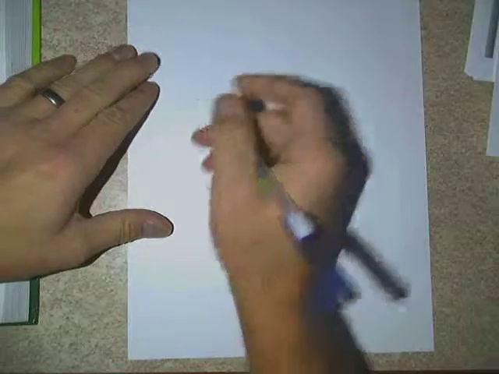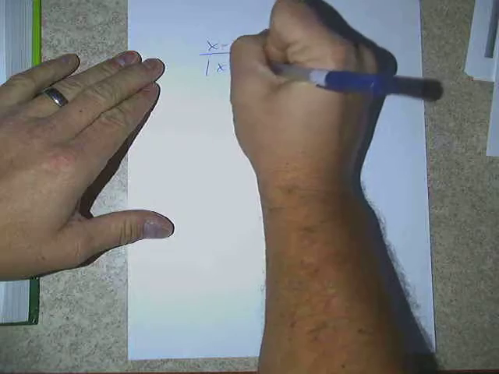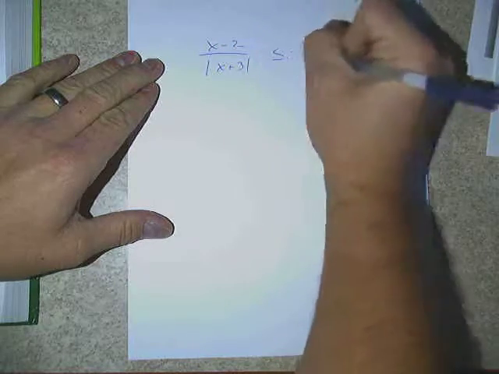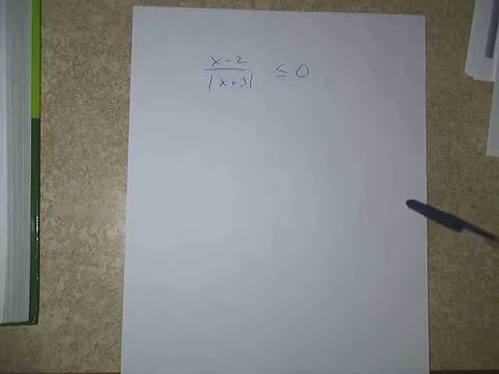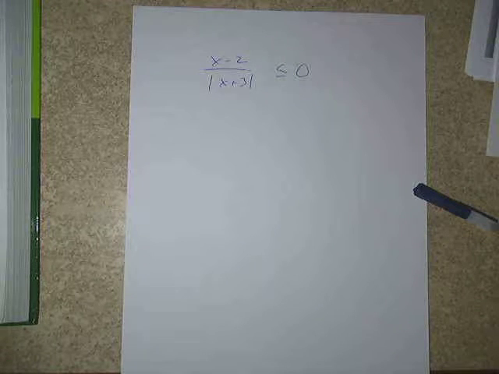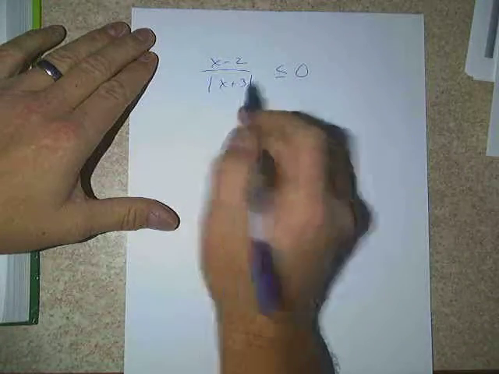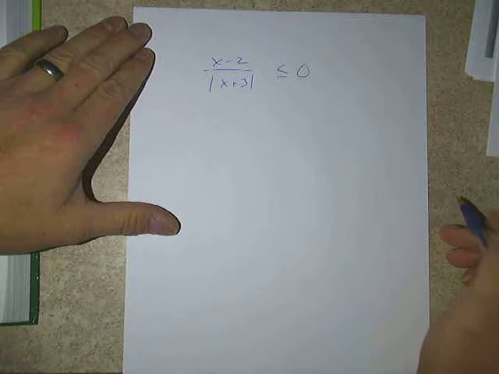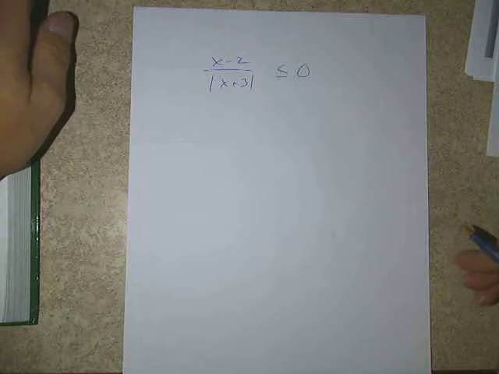All right, one other type that I want to look at next. This is on page 262 in your book if you want to follow with me. This time we have a rational function, and part of the inequality has an absolute value.